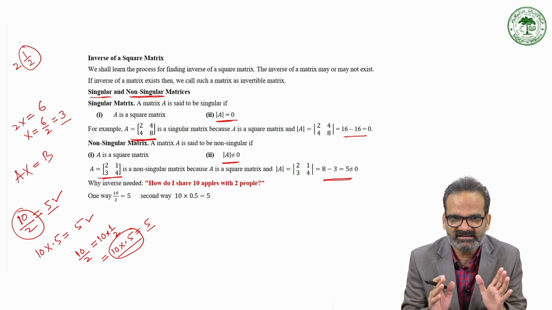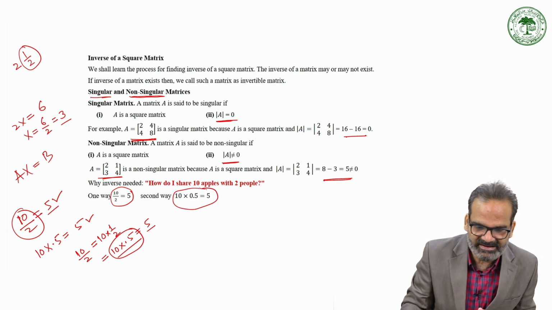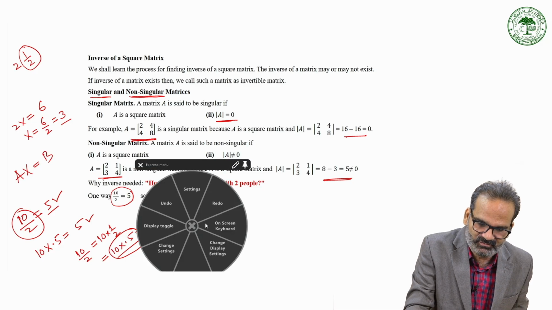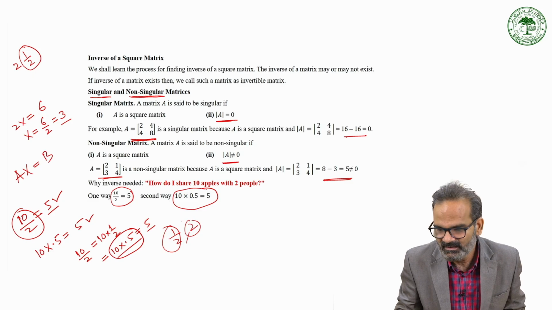Clear? This is the basic idea between these two. This is simple division and this is by multiplying the inverse. 1 upon 2. What is 1 upon 2? 1 upon 2 is the inverse of 2, right?